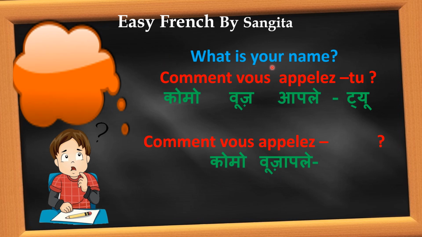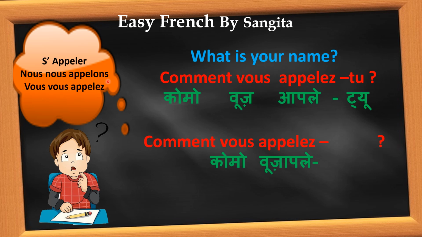Now, what is your name? So, comment vous appelez-tu? Can you find the mistake? Now, tu and ez are never together. These two things are never together. So the conjugation is in the vous form, and here it is tu. So again, what you have to do is just change the pronoun. Let's go through the verb once.